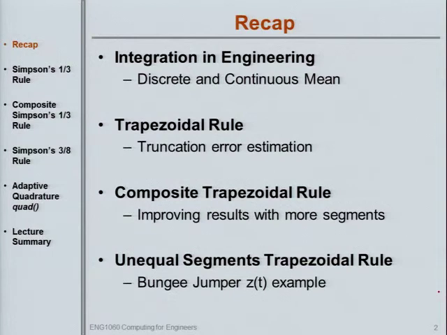Okay, so to recap, what we're trying to do when we're integrating in engineering is, in some sense, to take the mean of something. Normally, when we think about the mean of a set of values, we have a finite number of different values, we add them up, we divide by the number of values, and that gives us what you might term a discrete mean. You have a finite number of things and you just average them.